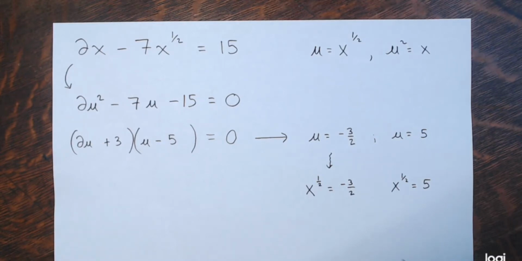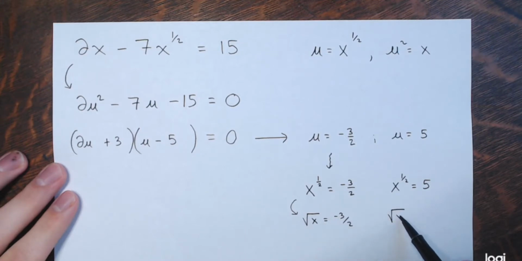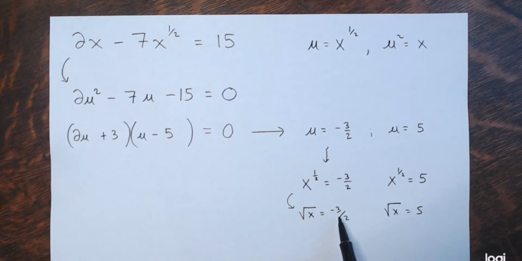Here we have x to the half power. Remember, this is the same thing as the square root of x equals -3/2, the square root of x equals 5. And you might recall that the square root symbol means the positive square root. So the square root of x being negative can't happen.